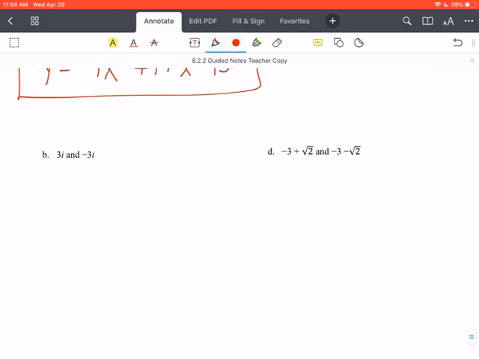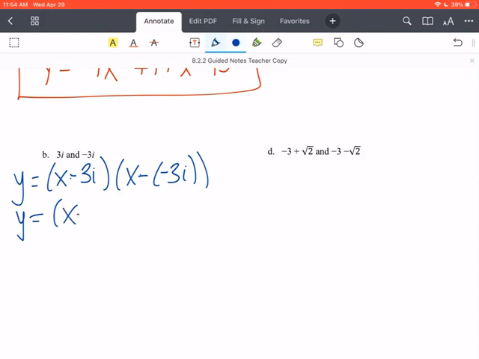Now, back to our imaginary component. So we have y equals, we have to do x minus 3i, and then we have x minus negative 3i. So we have x minus 3i, and then really it makes x plus 3i. Ooh, I like this. So then distribute your x first.